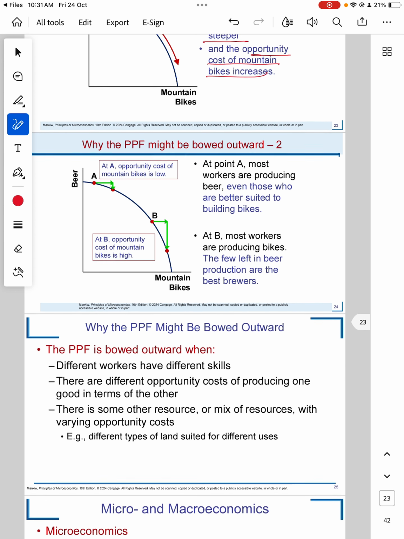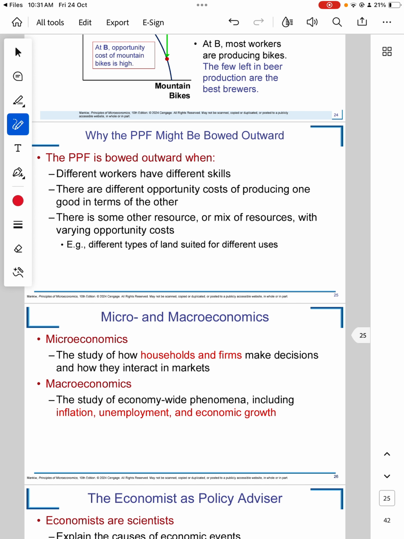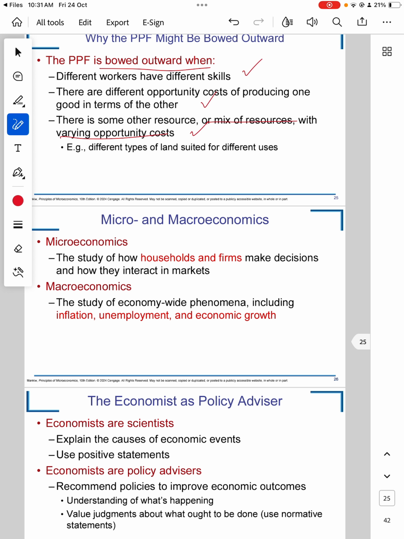It is bowed outward when different workers have different skills, so there are different opportunity costs of producing one good in terms of the other. There are mixed resources with varying opportunity costs. Those are the factors for the outward bow of the PPF.